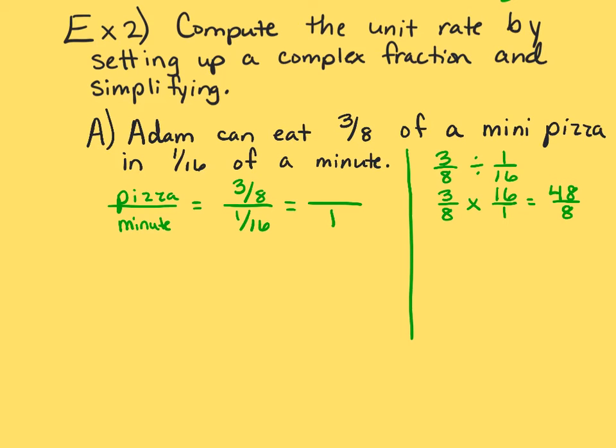And we get 48/8, which actually simplifies to 6. So he can eat 6 of these mini pizzas per minute. So he is eating very quickly.